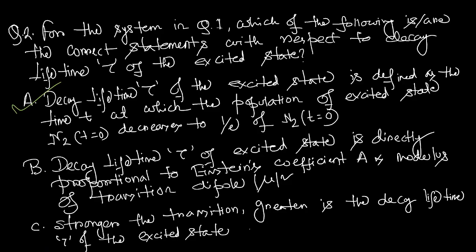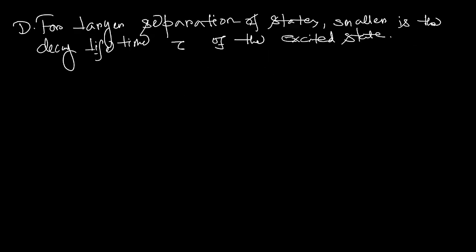Now, the decay lifetime tau of the excited state is directly proportional to Einstein's coefficient? What we found is that n2 at t is n2 at t equals 0 times exponential of minus A t.